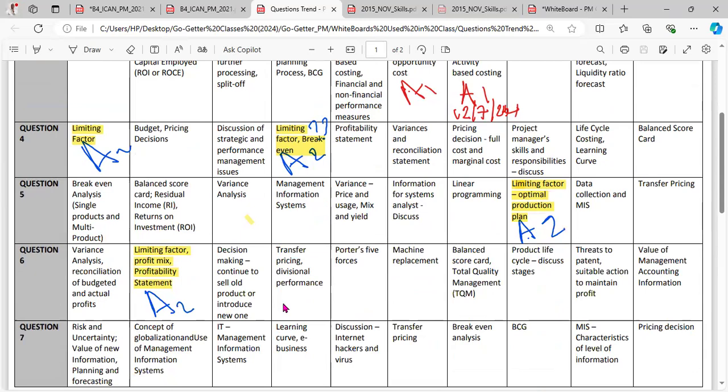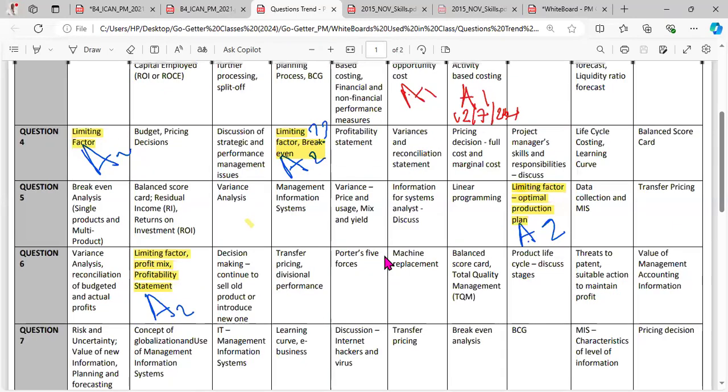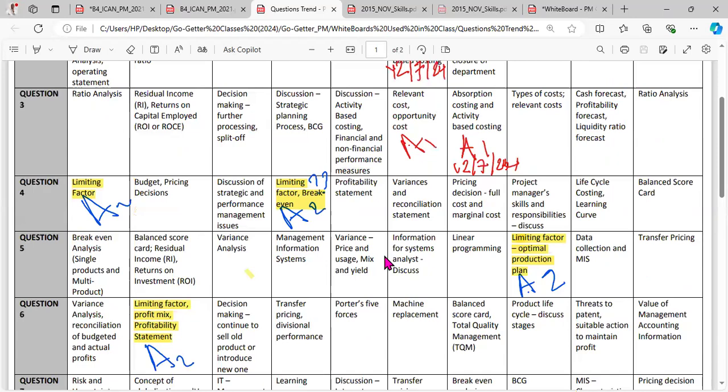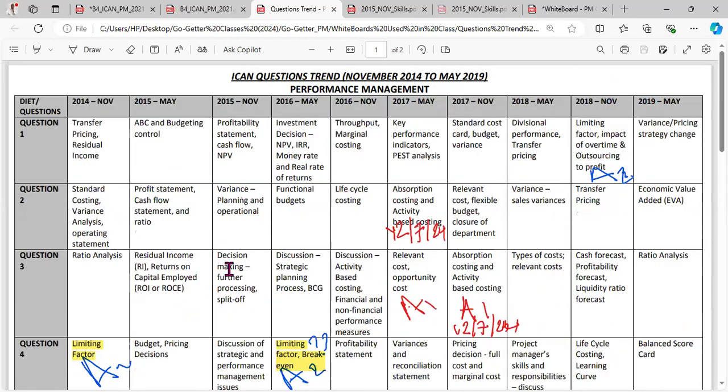Okay. We also have question 6. I'll need to check if it follows that pattern. Don't think it's that pattern. So we'll check November 2015, question 3.